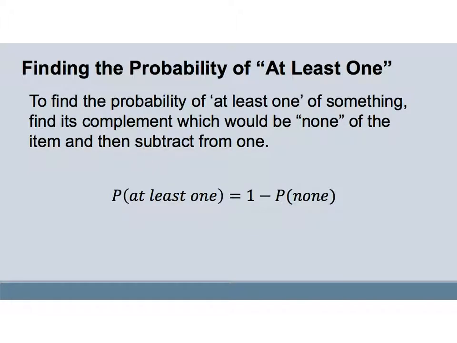So if you see at least one, what you should think is 1 minus none. It is easier, at least one is like all the things that could happen, except when that one thing doesn't happen. So it's usually much easier to figure out the one time it doesn't happen and then just subtract it from 1.